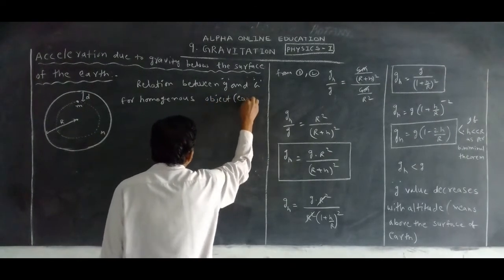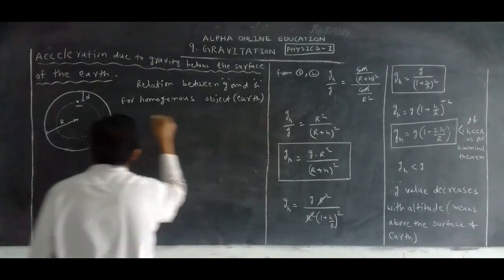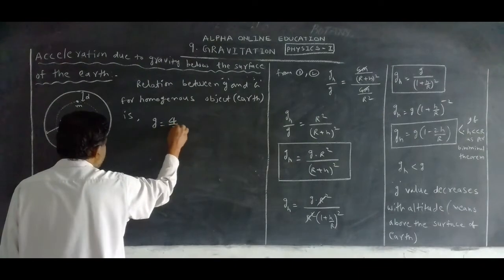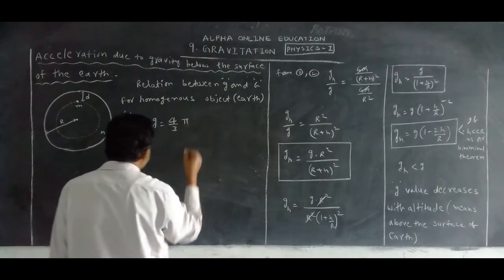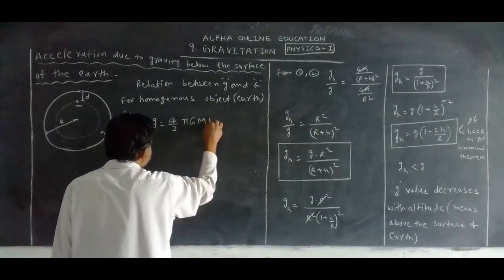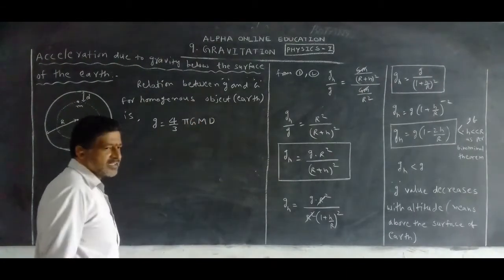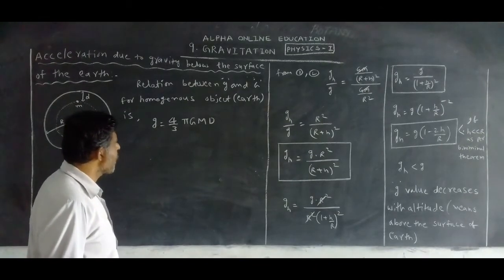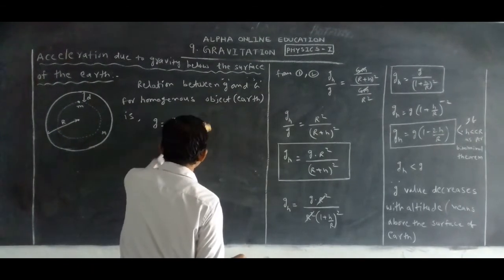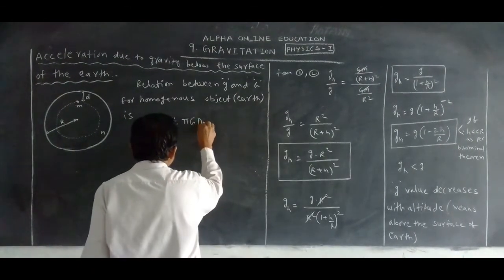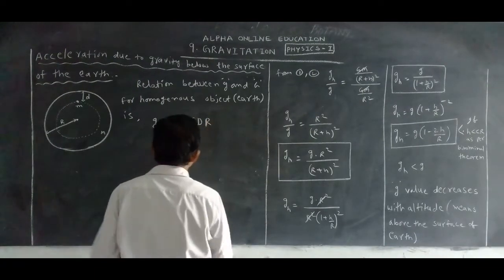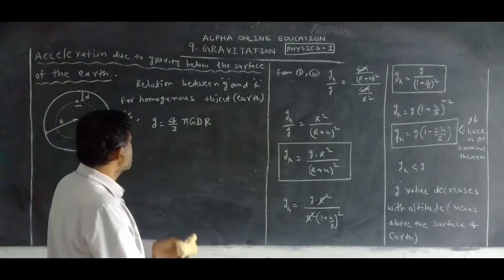Here, for the earth, g is equal to 4 by 3 pi G D R. What is the D? D is density. Okay? We got this in the last class.